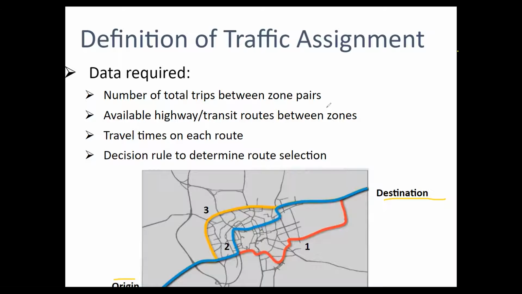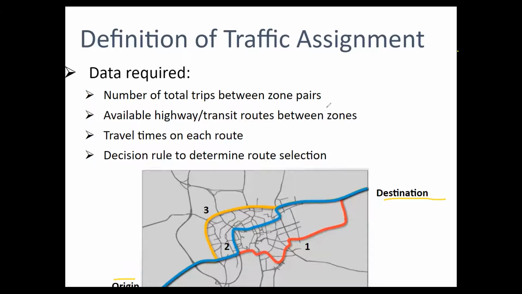Especially for the automobile mode, travel time is highly dependent on how many people decide to use that route. Because one route might be the shortest travel time route when nobody is using any of the routes, but as people start to use the route, that route could become congested, and now some other route might become more competitive, right?